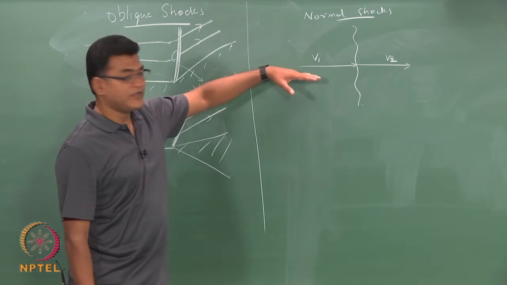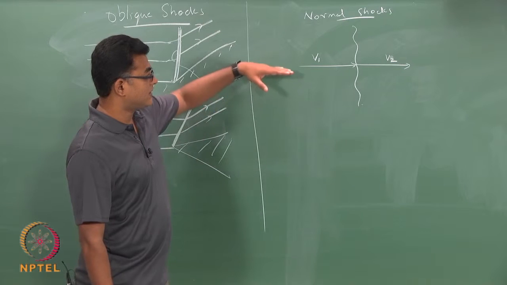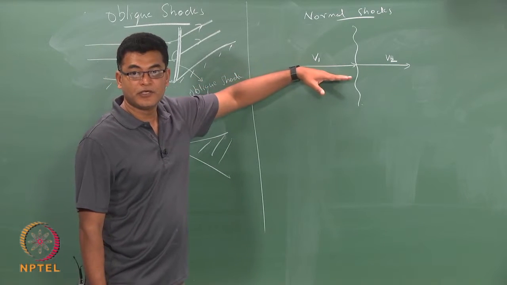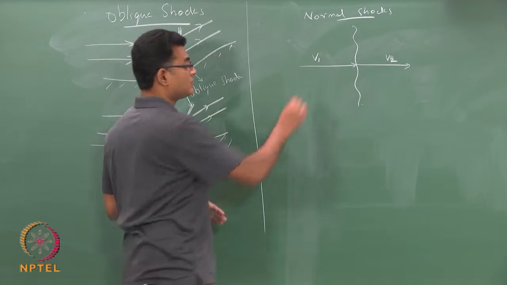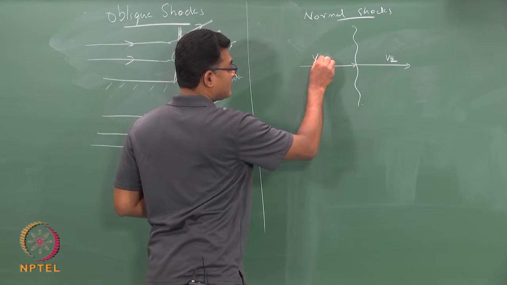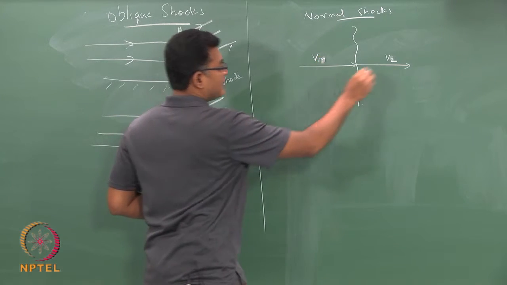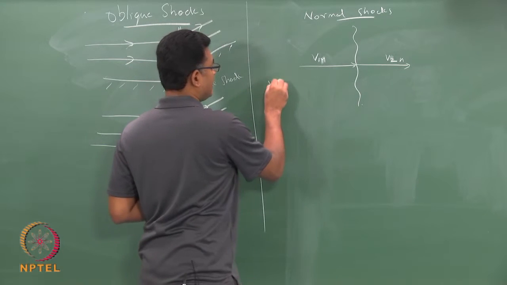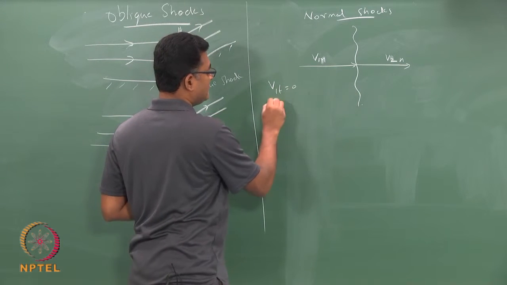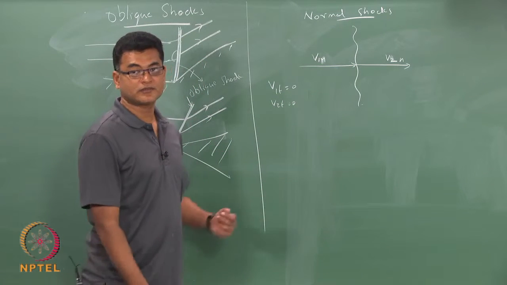Now, this is a velocity component that is normal to the shock wave, whereas my tangential velocity is 0. So I can write this as the normal component of velocity V1 and the normal component of velocity V2, with V1 tangential being 0 and V2 tangential being 0, and that is my normal shock.